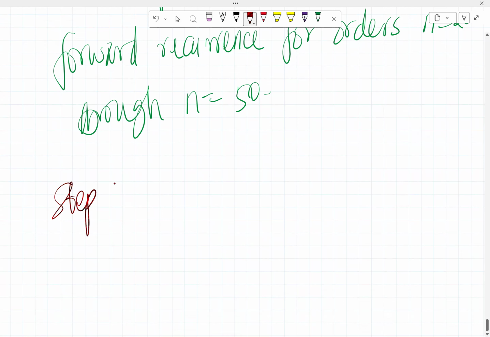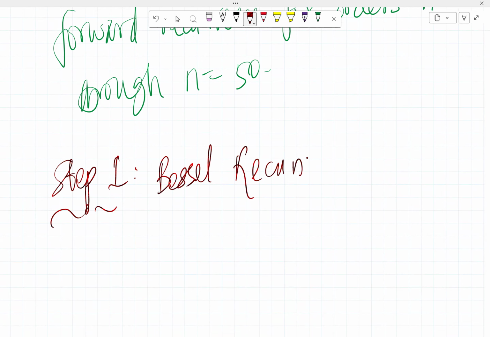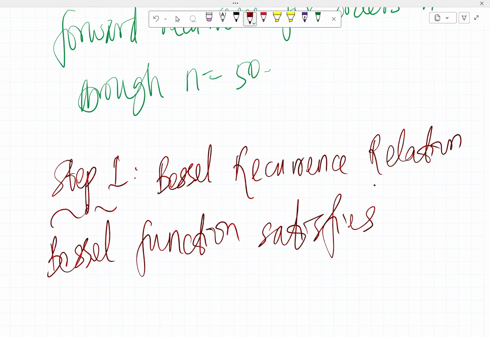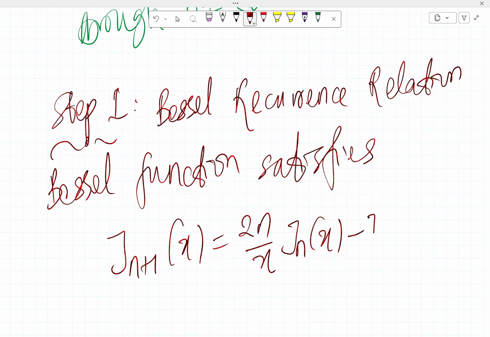So in step 1, we do the Bessel recurrence relation. We know that the Bessel function satisfies that J sub n plus 1 of x is equal to 2n over x, J sub n of x minus J sub n minus 1 of x.